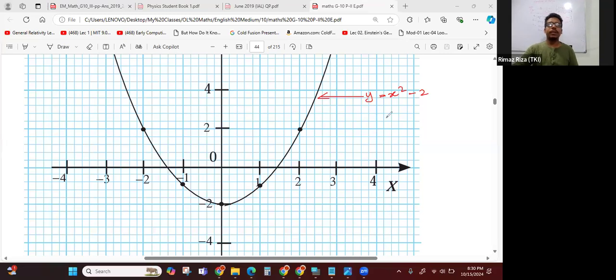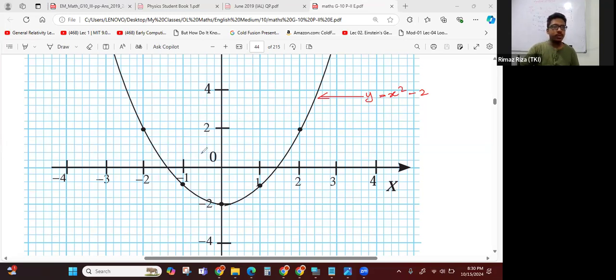Now, the next question I'm asking: what is the range of x for which the function is negative? Here we know that above the x-axis the values are positive.